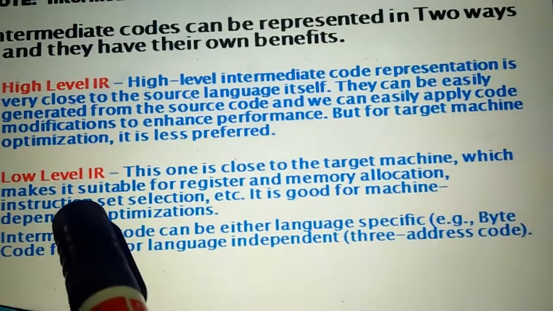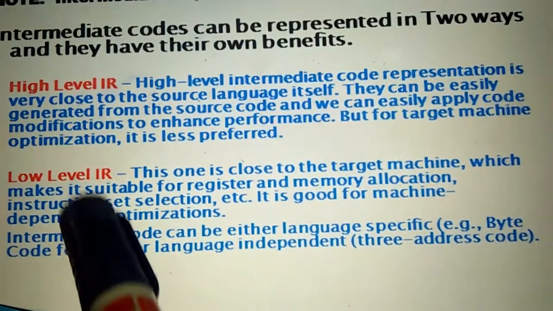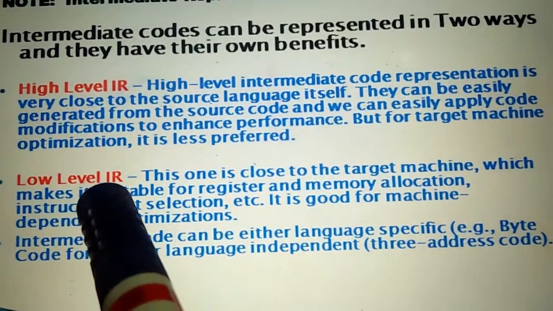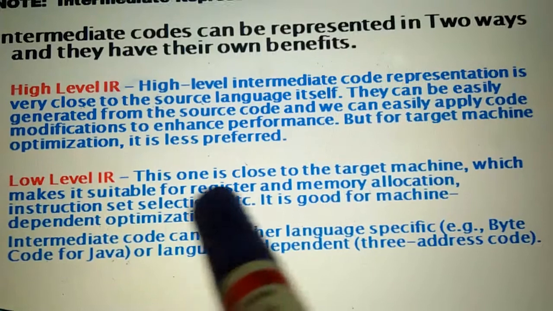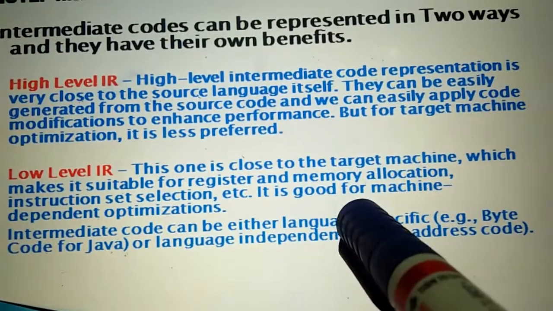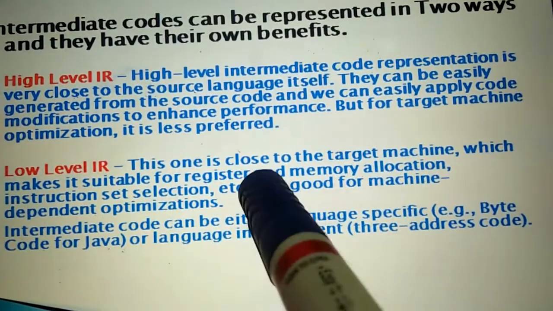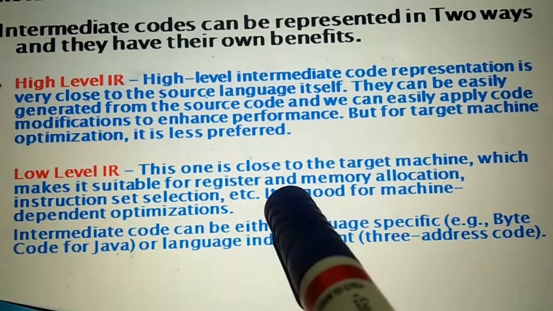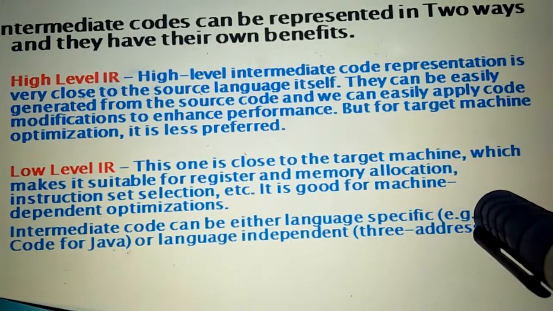The other level of intermediate code representation is the low level intermediate representation. This is very close to the target machine, which makes it suitable for register and memory allocation.